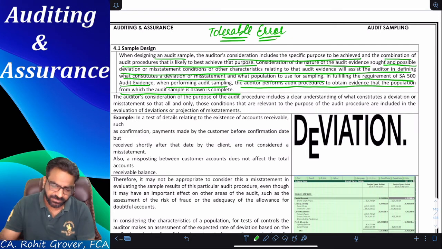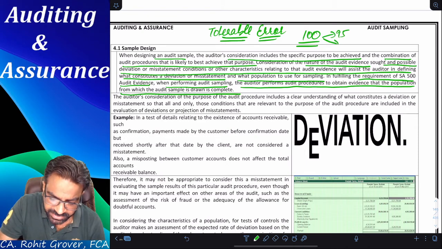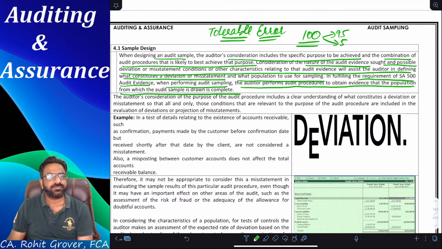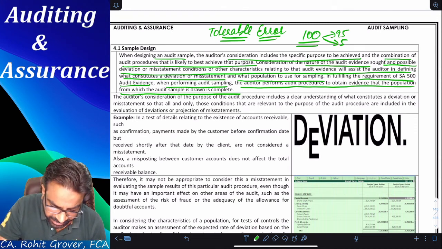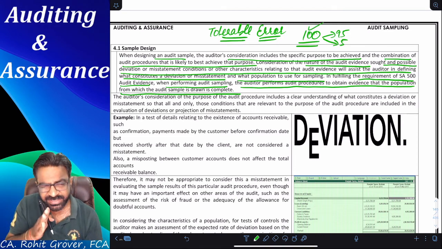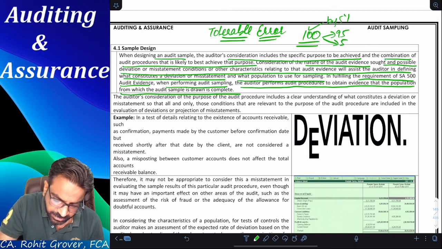So say, for example, I'm verifying 100 items and out of that 95 should come positive and 5 should come negative. What is my tolerable error range? 5%. So it means my actual acceptance level is 100, but I can still deviate from 100 by how much percentage? 5%.